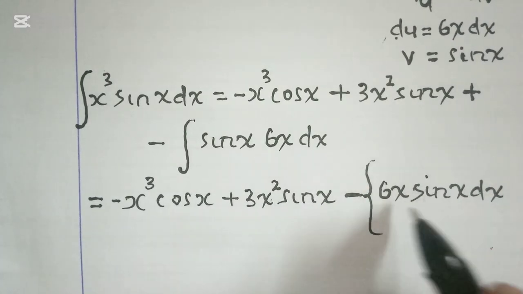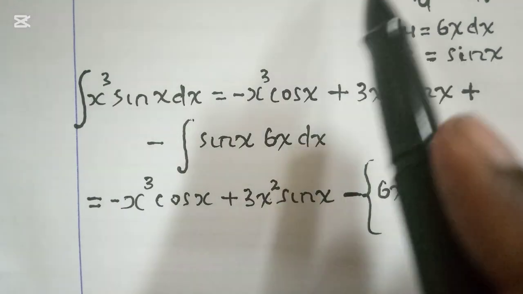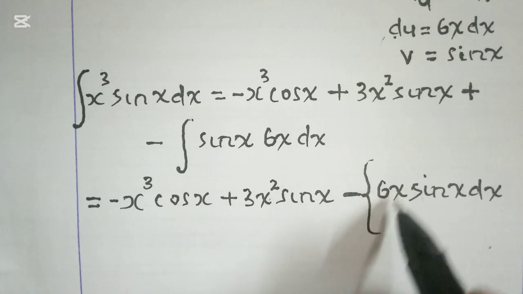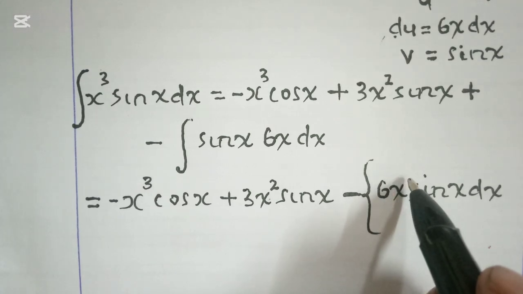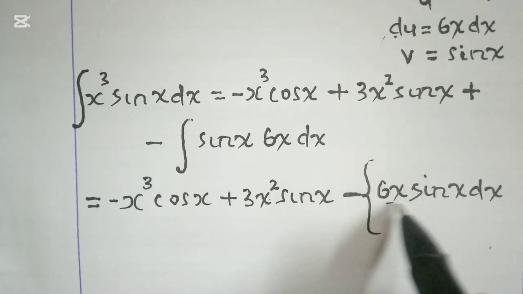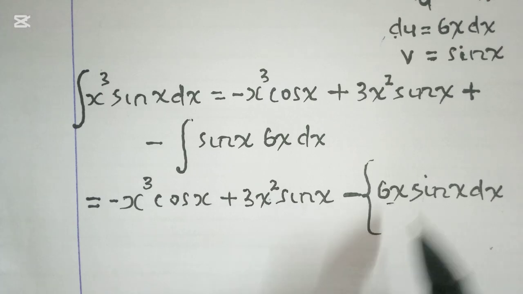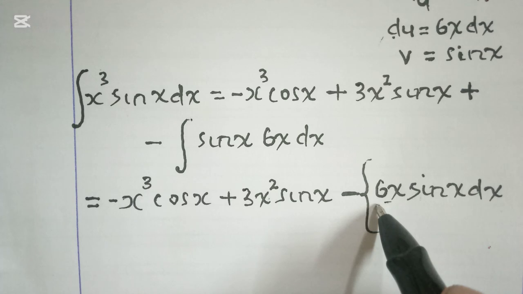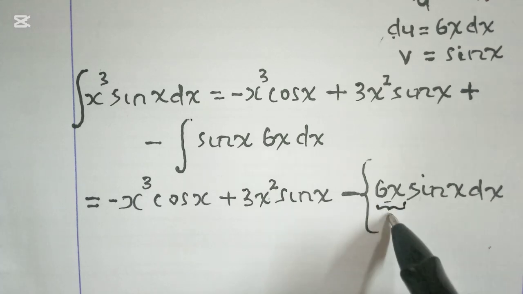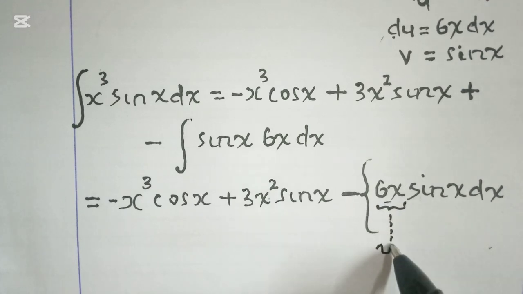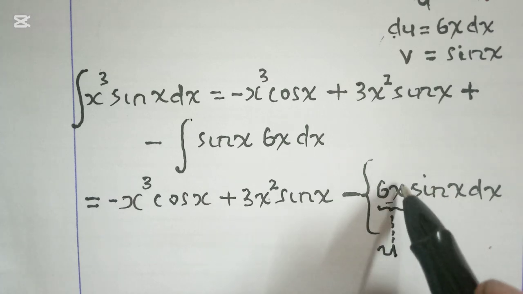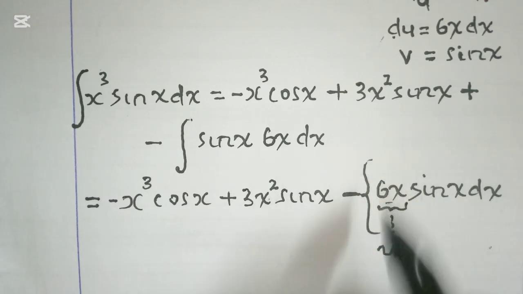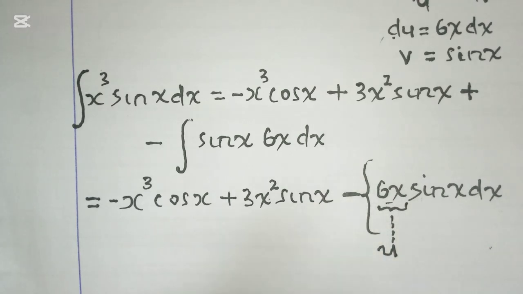And the reason why I do that, guys, is because even as we continue to integrate, you can see this x, the power that raises x continues to go down. Otherwise, if I give this one v, then it will go back to our original value. And that's why, guys, we are choosing this one to be represented by u instead of dv, because we want to finish this x, so that we shall be able to integrate a value that is easier without x.